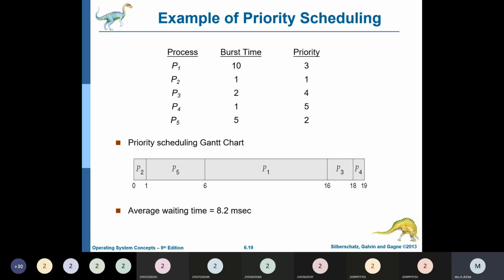It contains the maximum burst time, right? Here P2 is 1, but if we consider P2 as 14, what happens? It has the longest duration among the burst times. So due to this, the following priorities, that is P1, P3, P4, P5, all the others will starve. What does starving mean?